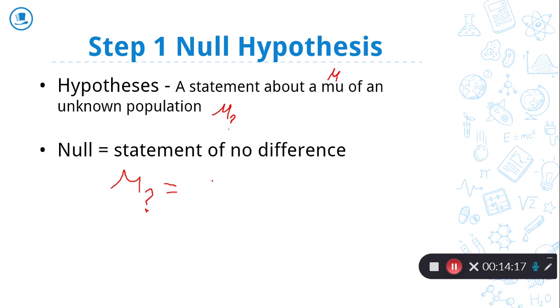We're going to know that their mean is 75, right? Because not different means that it's the same number, right? If I have $5 and the amount of money you have is not different, how much money do you have? That's right, $5. So the null hypothesis, as a statement of no difference, is a statement that the unknown population is not different from the known population.